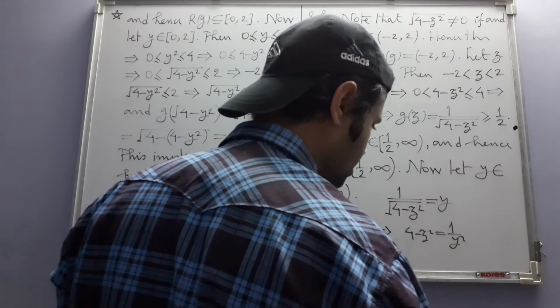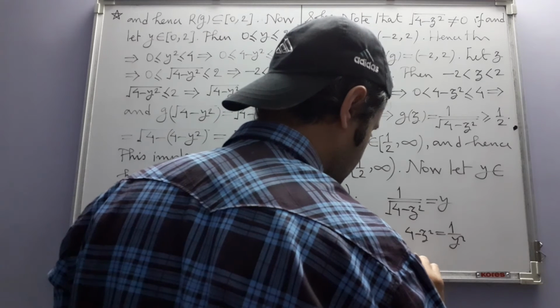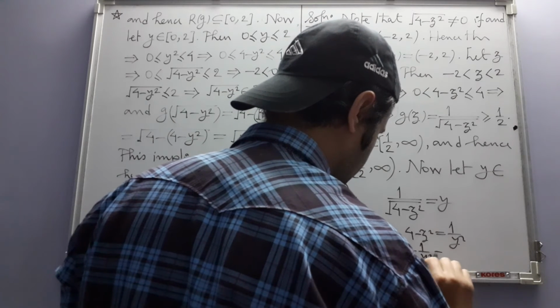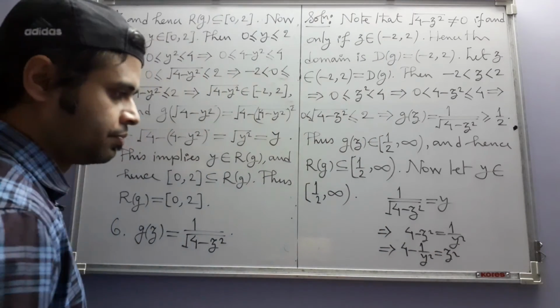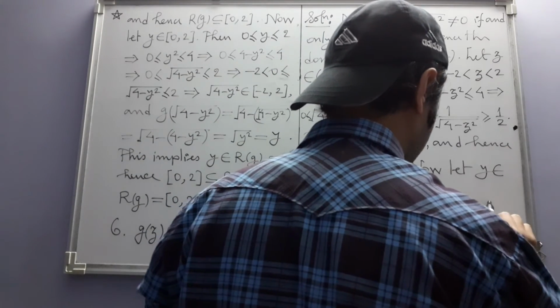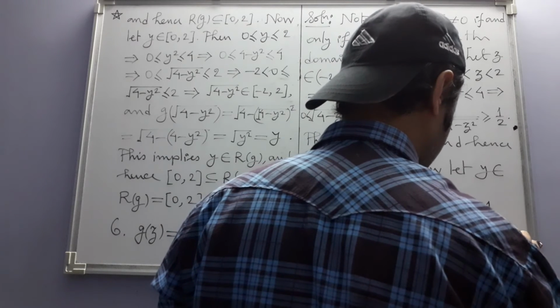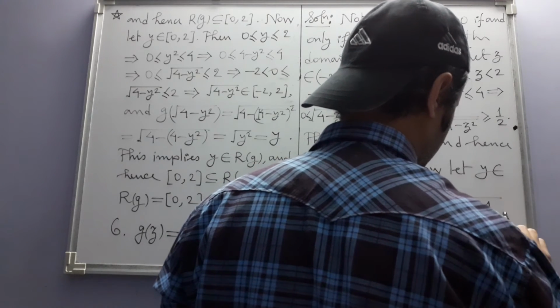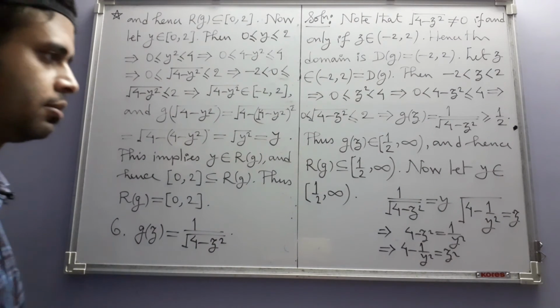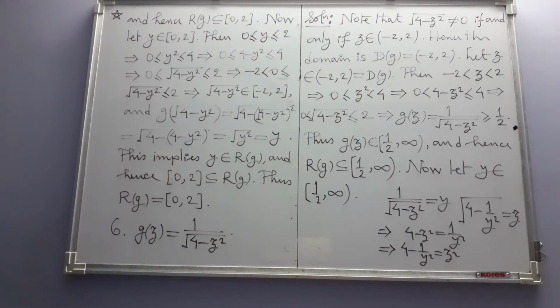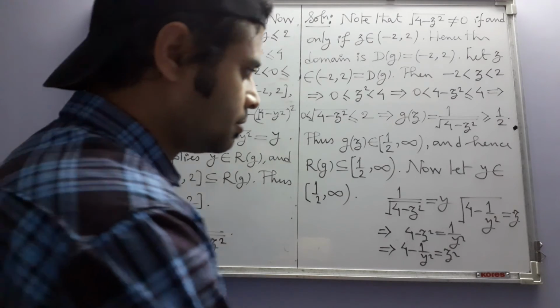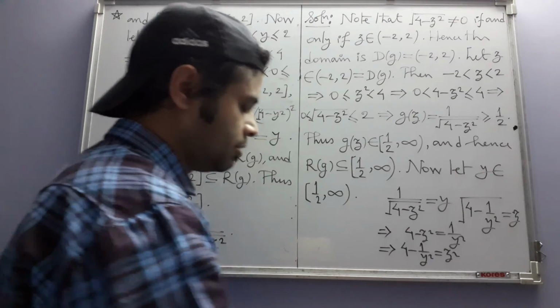If we remove the square root, that means 4 minus z squared is equal to 1 over y squared, and so z is the square root of 4 minus 1 over y squared. Okay, so we have to say that 1 over y squared is less than or equal to 4 in order to make this our pre-image, and that will come from this condition.